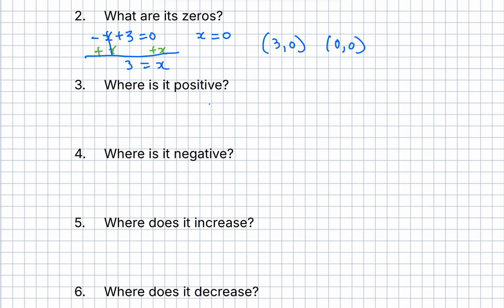We put an open parenthesis, which tells us that it does not equal 0, but anything to the right of 0 will be correct, and then it goes all the way to 3, and it does not include 3. And then we write in a closed parenthesis. Okay, so that's where it's positive.